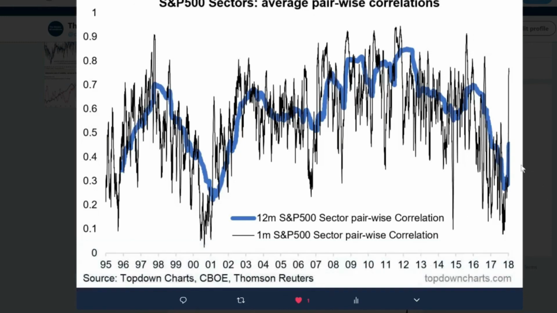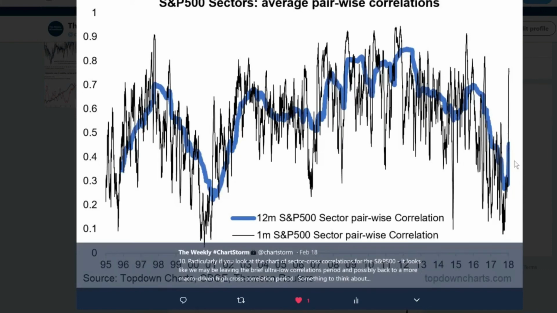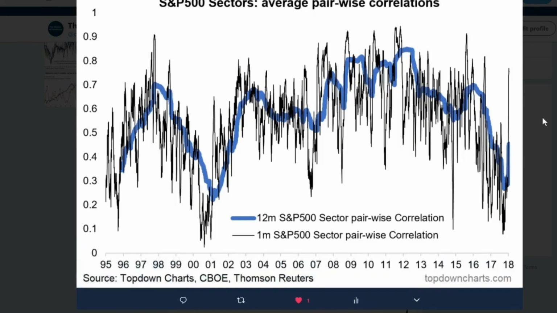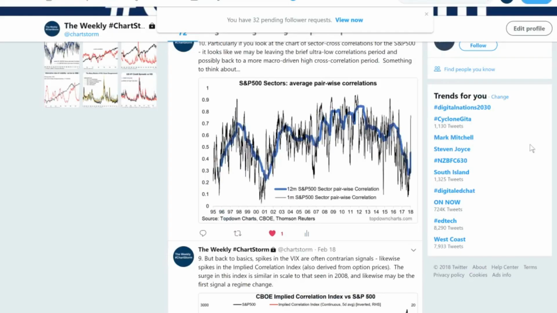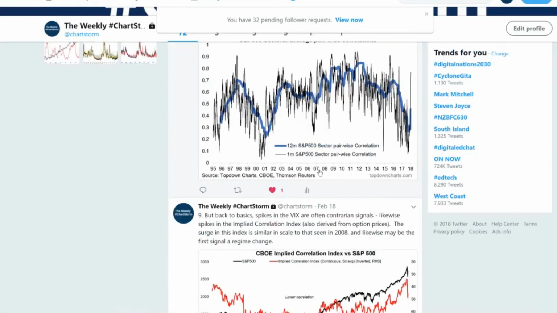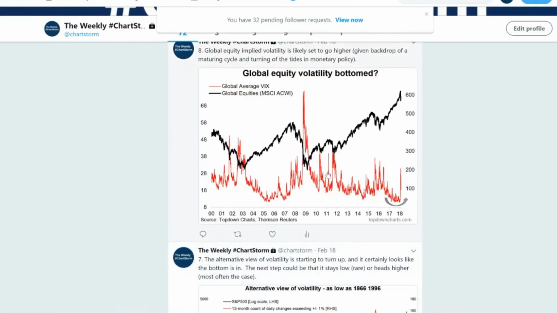So the fact that it has turned around like this, I think that could be the start of a change in the regime, in terms of possibly higher correlations, and also possibly higher general volatility as well, which we talked about in this chart storm here.